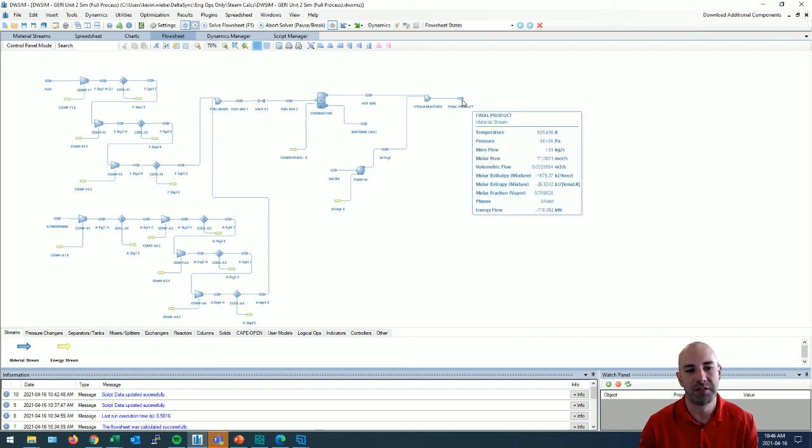In our final product stream here, the other interesting fact is that our steam quality is the molar fraction vapor, so call this 77% for this specific air, fuel, water inputs.